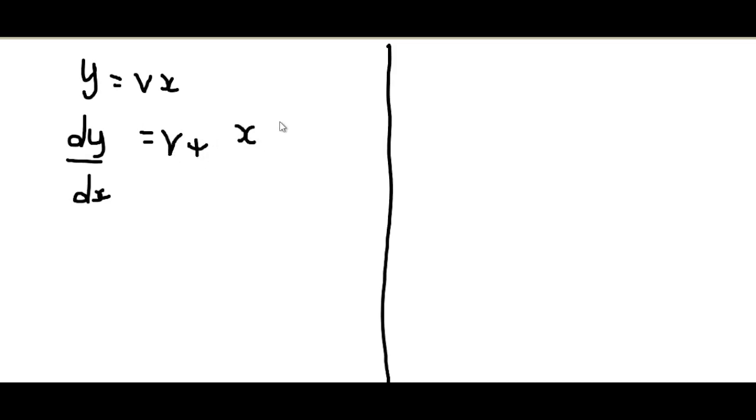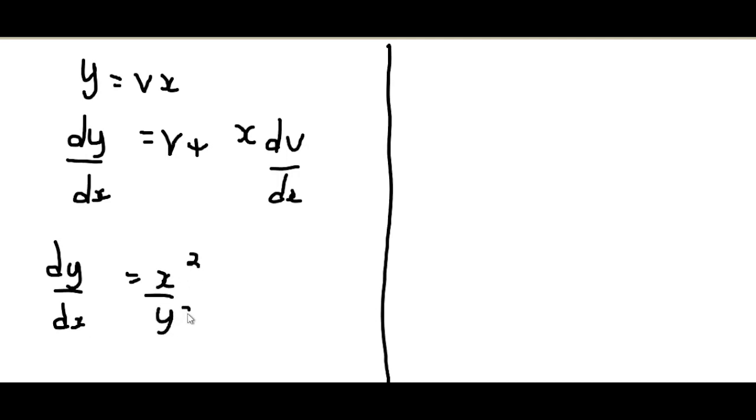You have seen that when we want to substitute, we're going to use y = vx and dy over dx = v + x dv over dx, and our equation is dy over dx equals x squared over y squared.